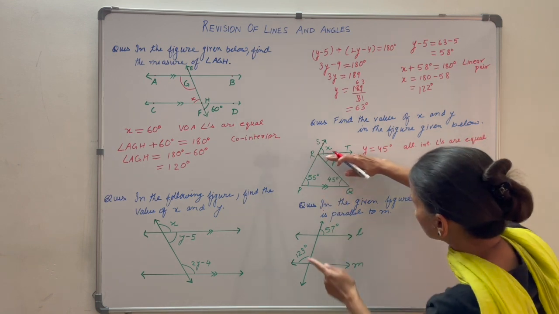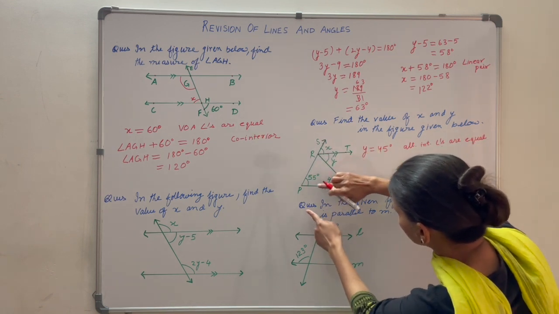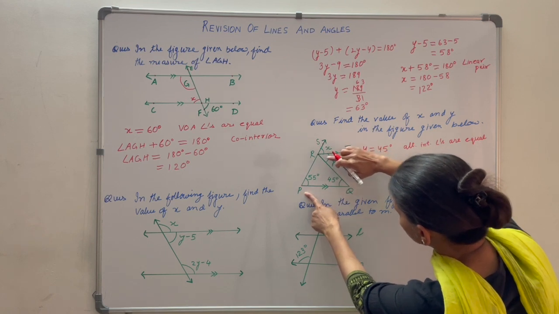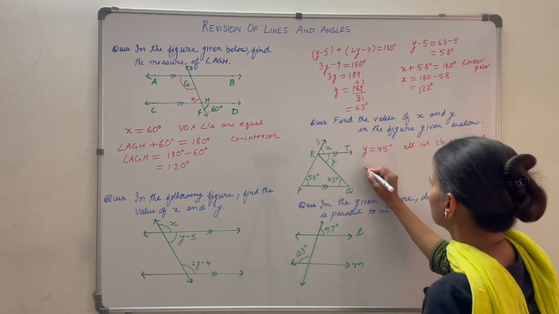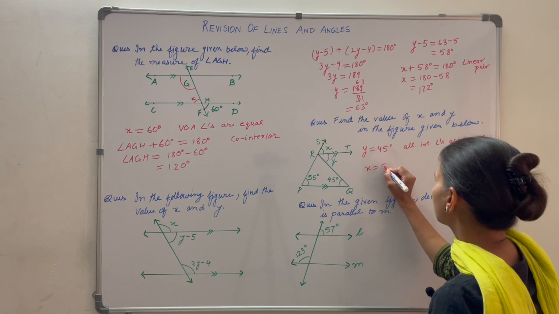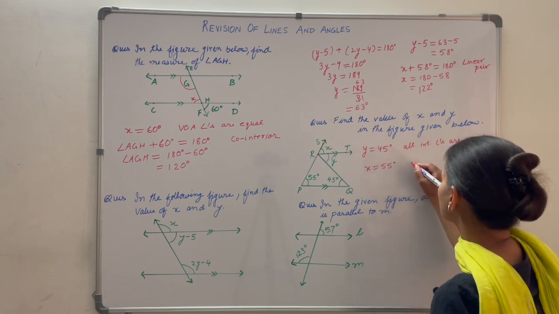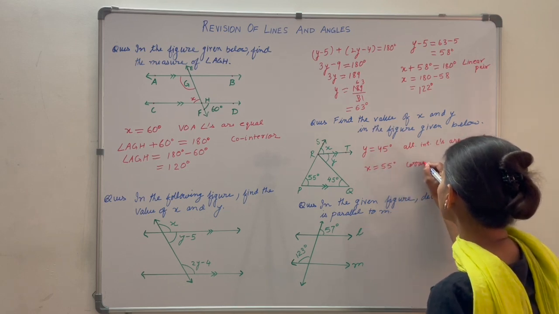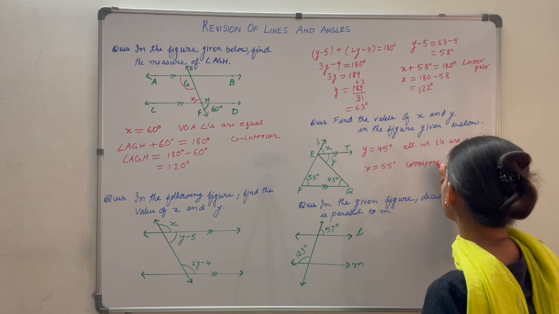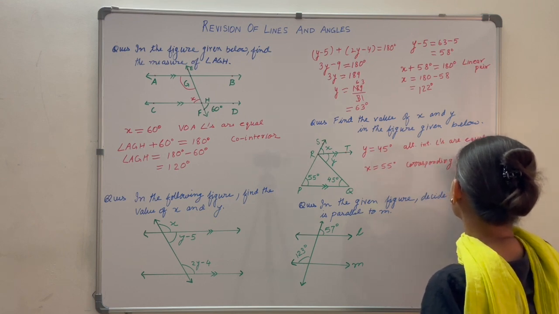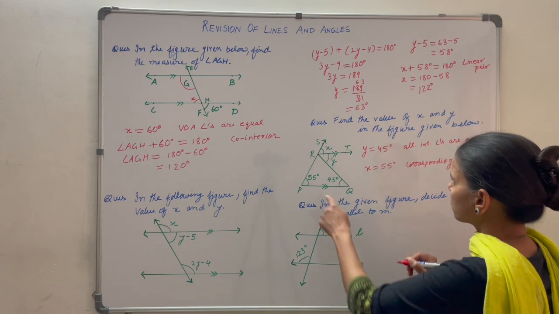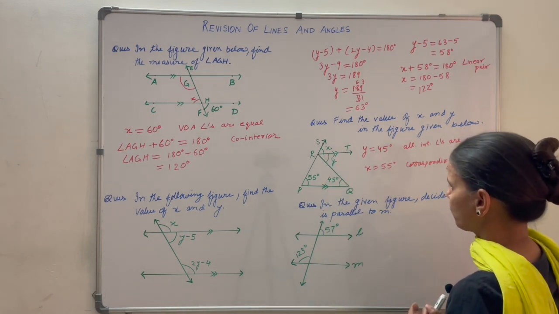Now you see these two lines are parallel and this is a transversal. That means this is corresponding to this. So x is equal to 55 degrees because corresponding angles are equal. That's why these two are corresponding angles. So corresponding angles are equal.